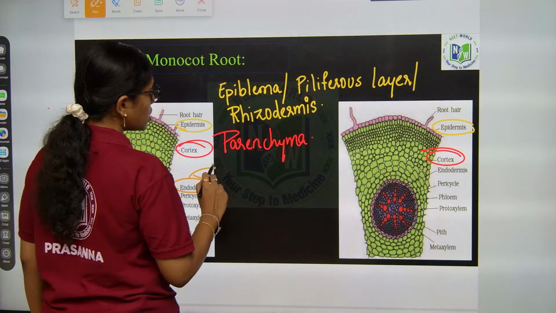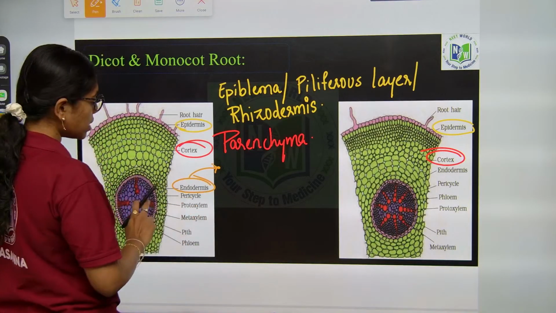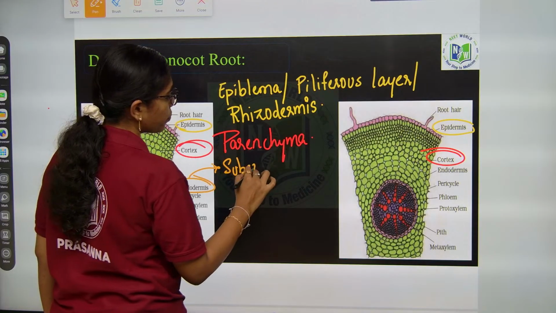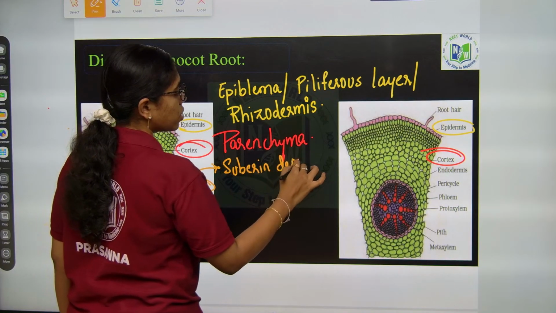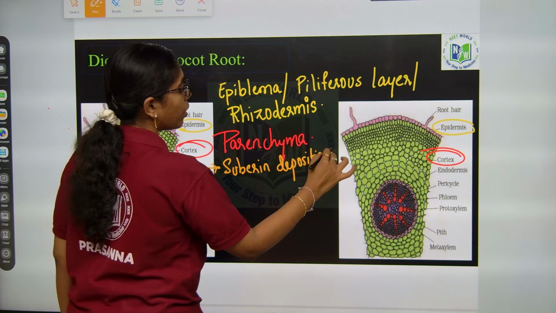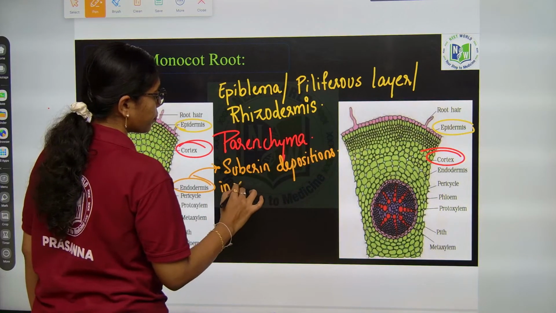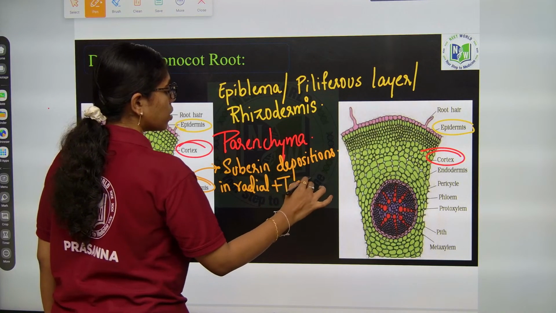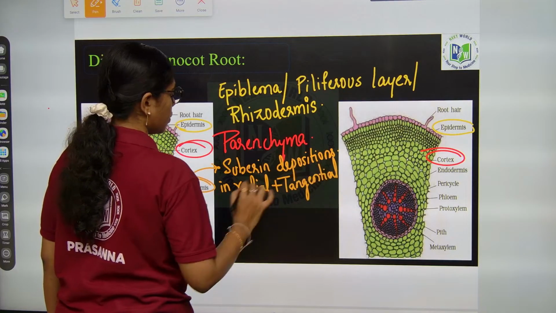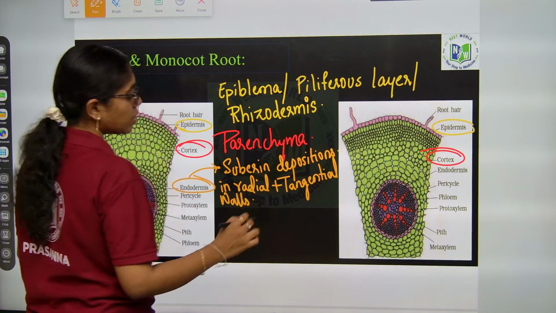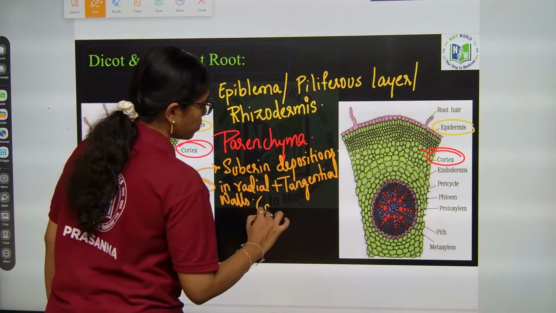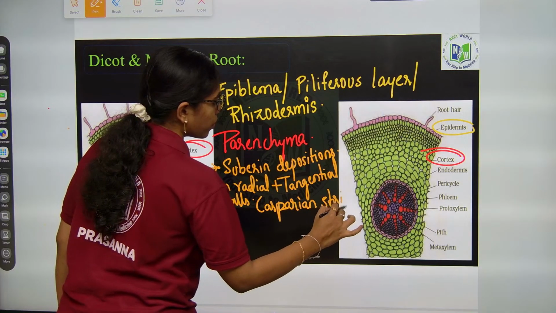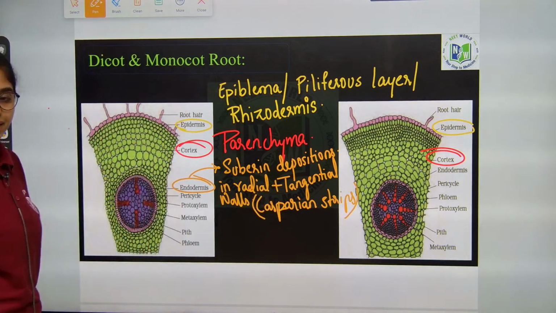This endodermis is parenchymatous elongated cells, it is single layered, whereas it has suberin depositions in radial and tangential walls, which are called as what? Casparian stripes. Clear, right? These are called as Casparian stripes.